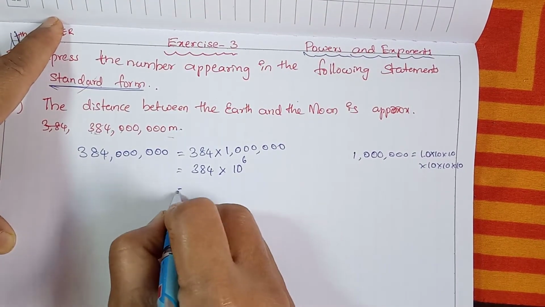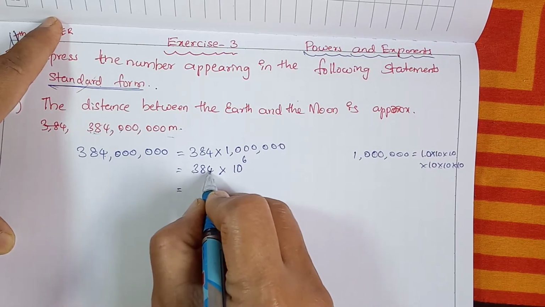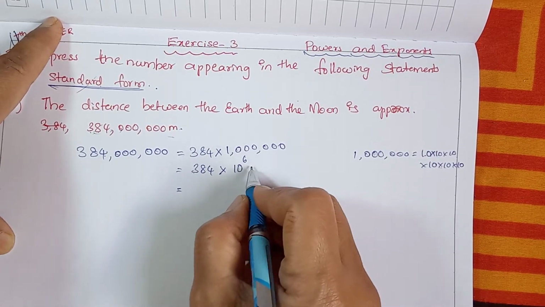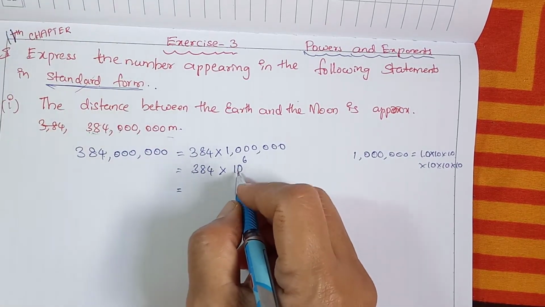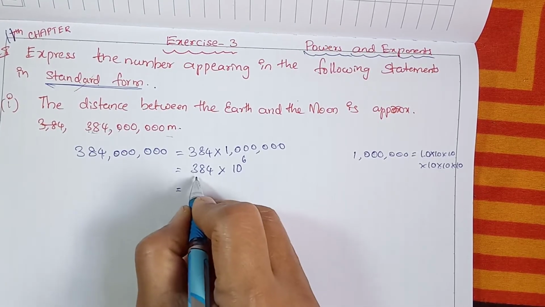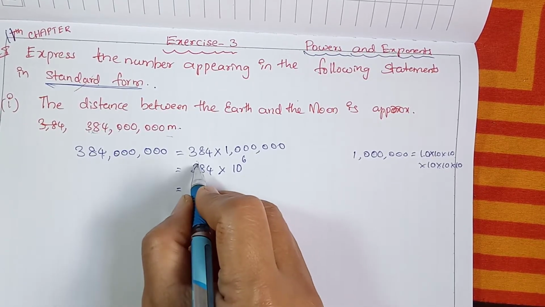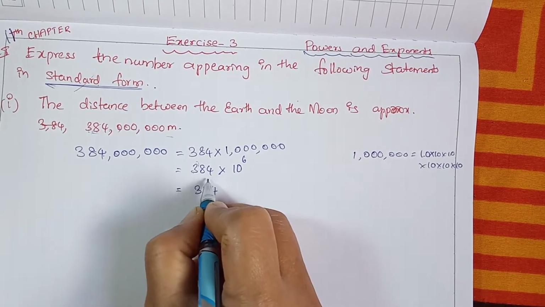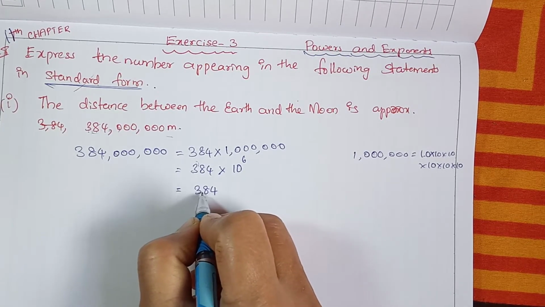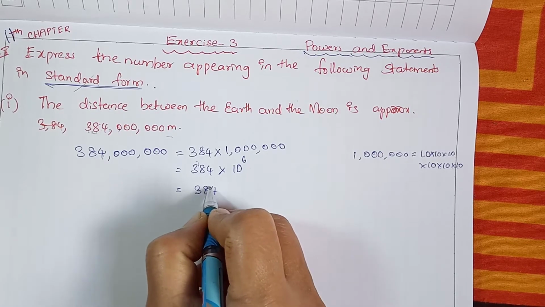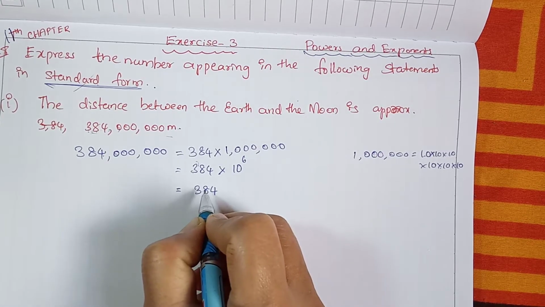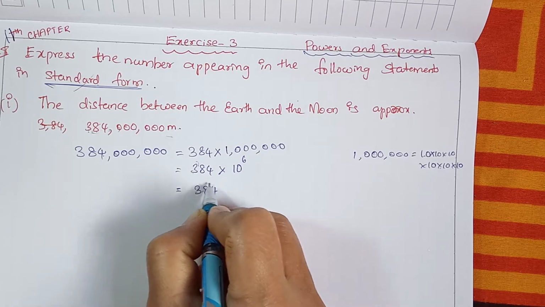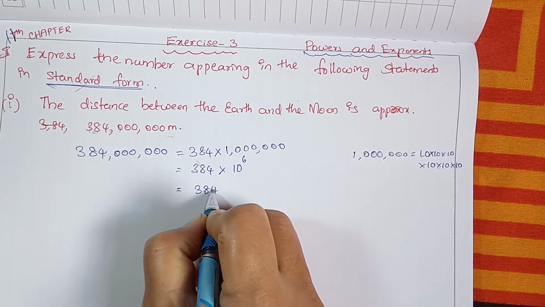Next, here we have 384 into 10 to the power of 6. It's very difficult to remember, so we will convert into the integer part with a decimal point. In 384, how many digits are there? 3 digits. So we have to put the decimal after the first digit. After that, how many digits are there? 2 digits.